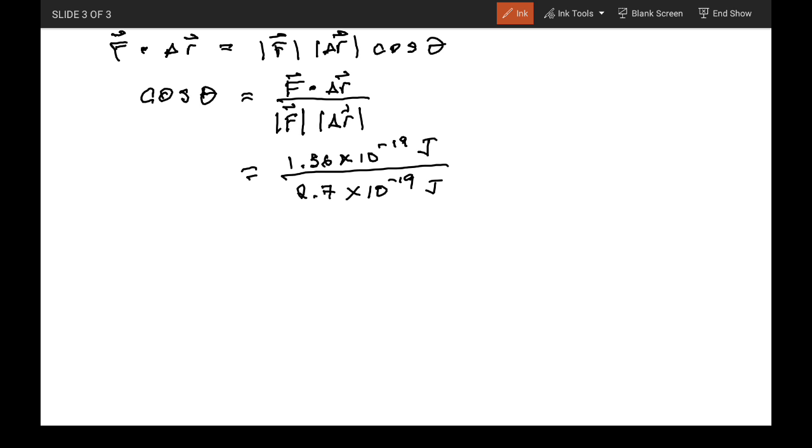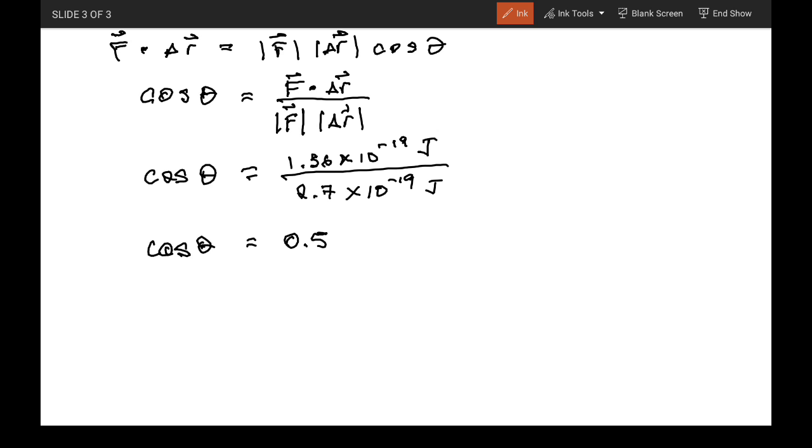Very important that the units here are the same because cosine is a function that is unitless. And so we'll get cosine of theta is equal to 0.5.